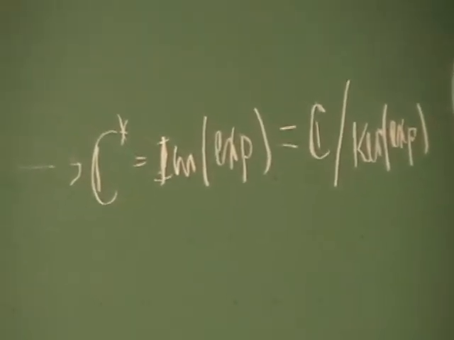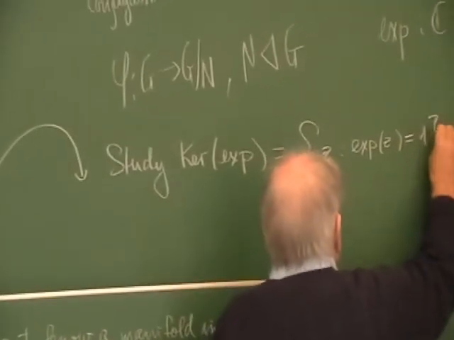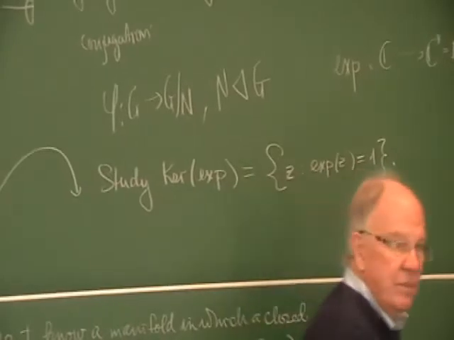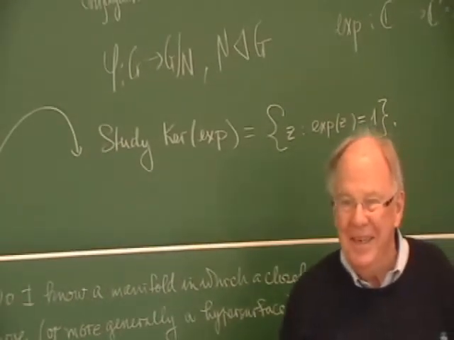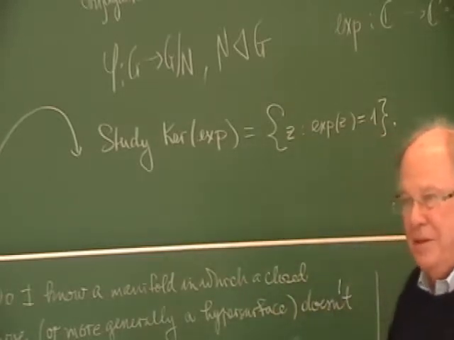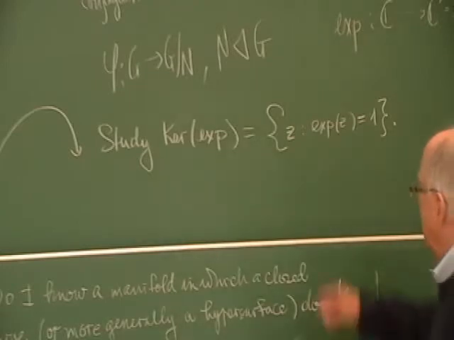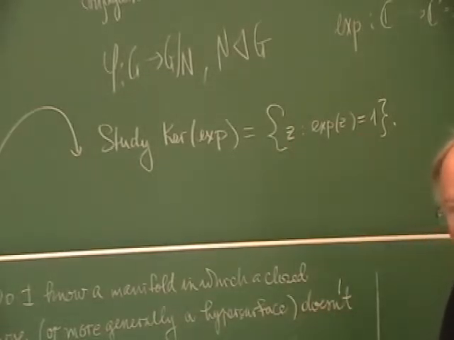This is the set of z such that X of z equals 1. So I spent half an hour talking about the elements of the complex numbers that are mapped to 1. Yes?